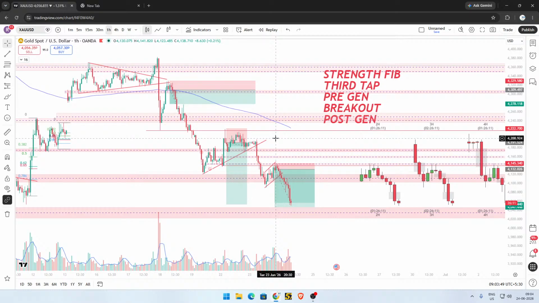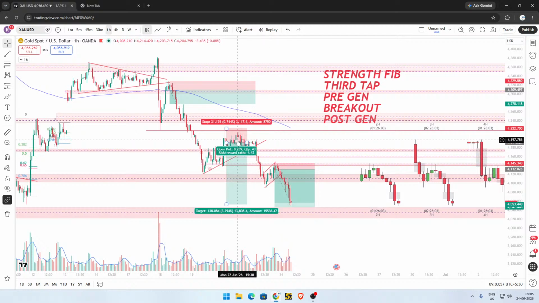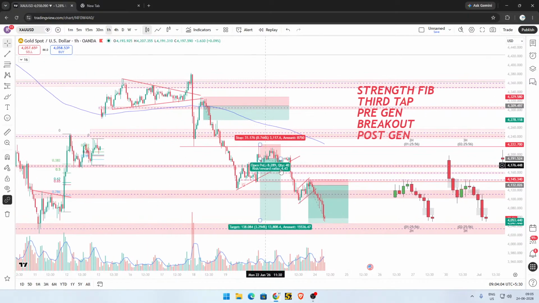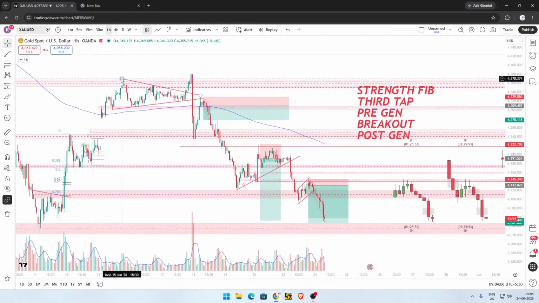So a fixed risk to reward system is much better than anything else, because suppose like this area you sold, you kept a target of 1 to 1.5, you are done with the day. But if you are targeting at this area, it went up, it removed you, then it went down.